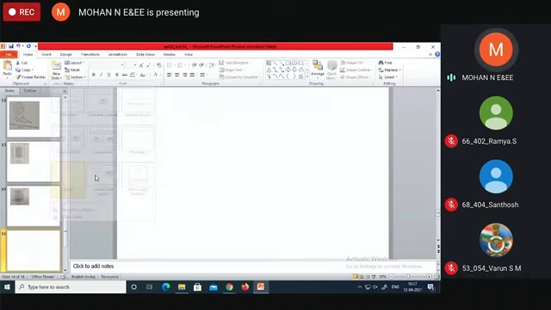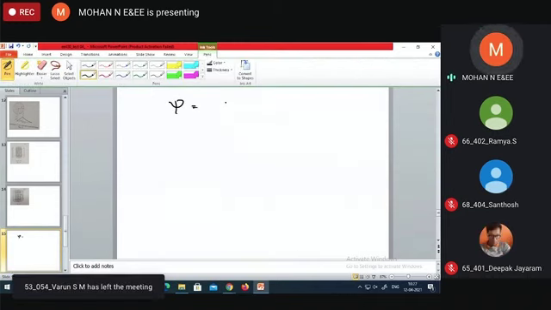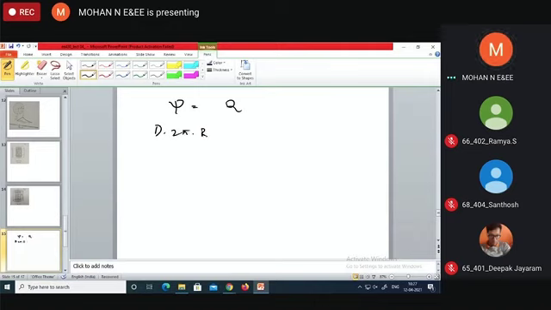Yes, we were discussing the phi, which is D into 2 pi into r into L, and the charge we got to know as rho s into 2 pi into r1 into L. This 2 pi and 2 pi get cancelled, and D into r into L is equal to rho s into r1 into L. So this L is cancelled here.